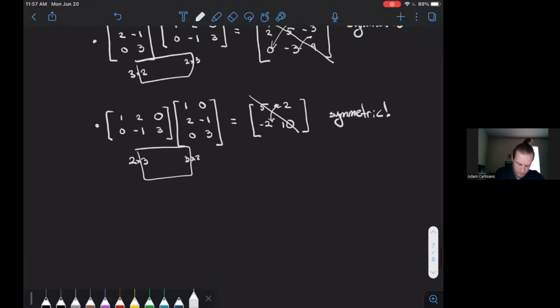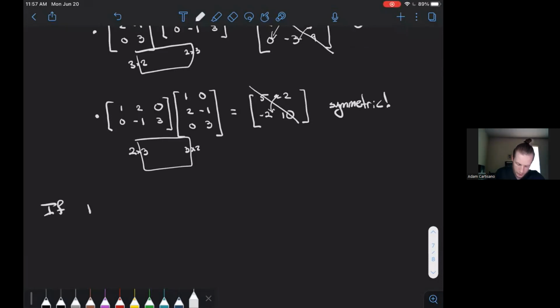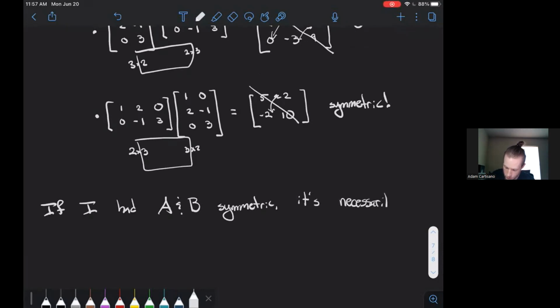So if I had A and B symmetric, it's not necessarily true that AB is symmetric.